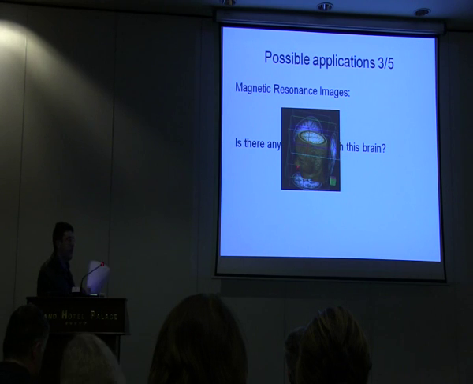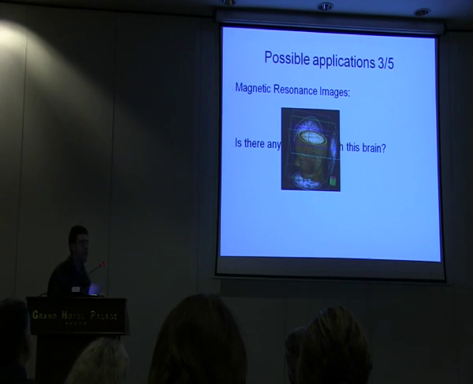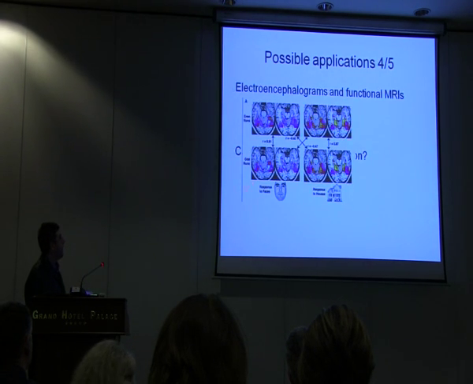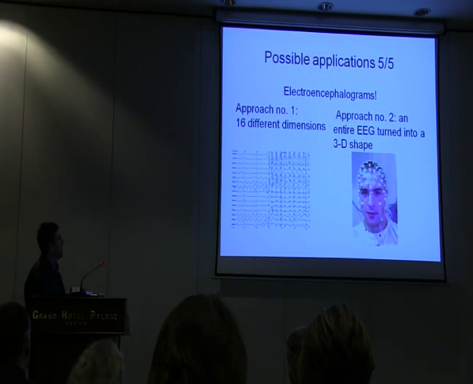We can take MRIs and analyze them to see if there is maybe Alzheimer's or some other neurodegenerative disease. We can take functional MRIs, and when it comes to electroencephalograms, there are two different approaches we can use.